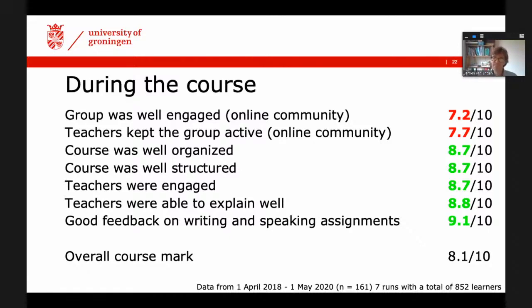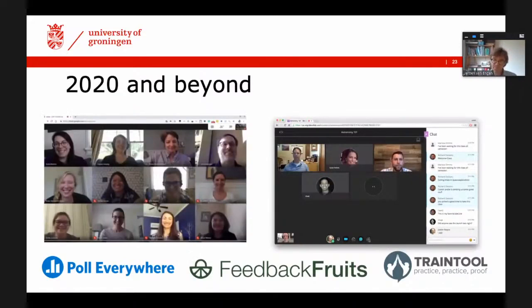So now, since March 2020, we are very happy with our university, happier than ever before, because thanks to the educational services department, our IT people, we have more possibilities than ever before. Here you see Google Meet, there you see Blackboard Collaborate.